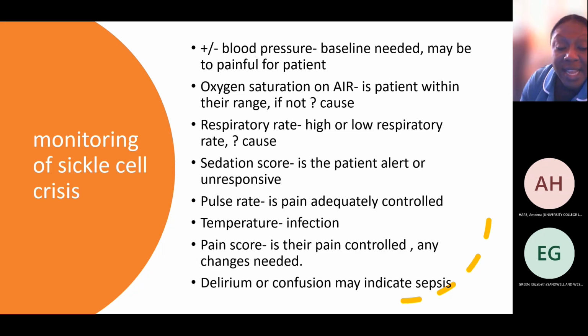And then we talk about sedation score. So this again has got to do with the pain medication we're giving to our patients. Are they alert? Are they drowsy? Do they respond to you when you tap them gently on their arms? Or if you call their name, do they respond? It's very important that sedation score is also checked when we're doing observations for these patients.